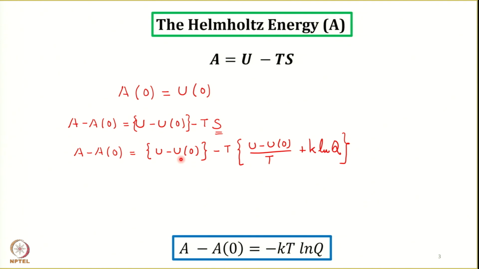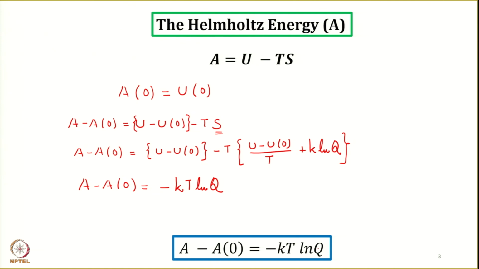If they cancel here, then let us proceed. What we have, A minus A0 is equal to minus kT log Q. I have an expression for the Helmholtz energy.